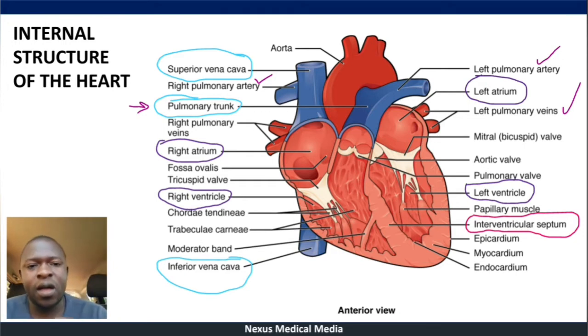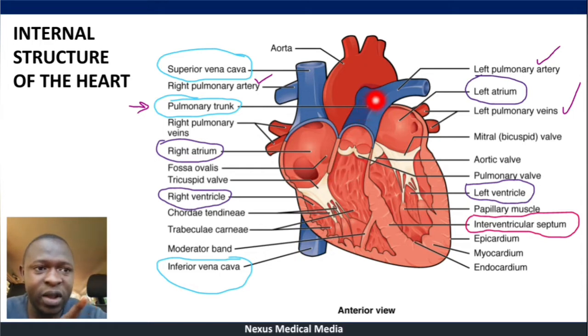So this is another concept that I want you to master, right? In general, we say veins usually carry deoxygenated blood and arteries carry oxygenated blood. But in the heart, the pulmonary artery is an exception.